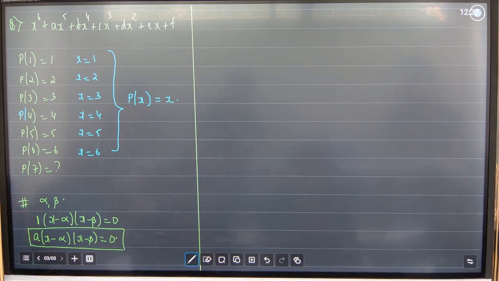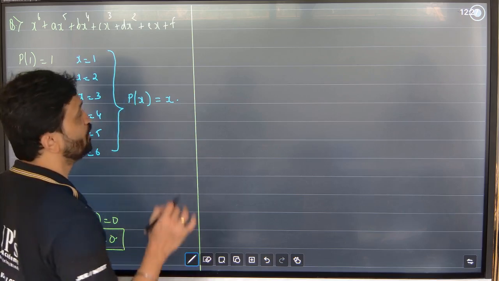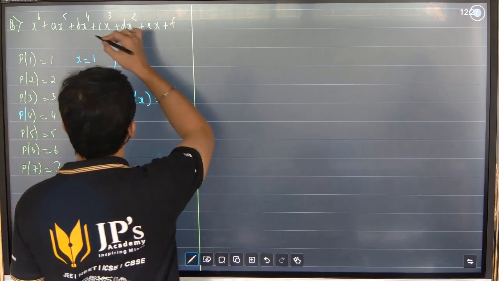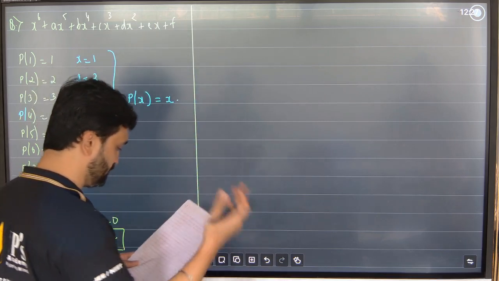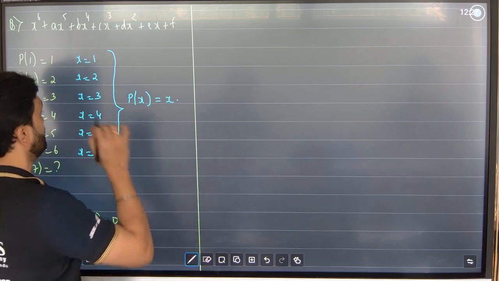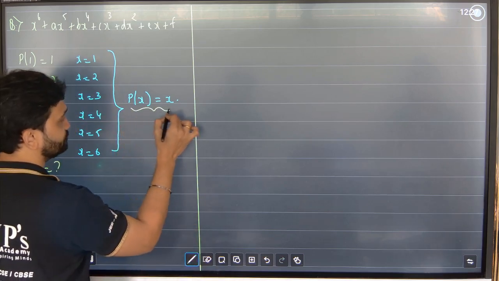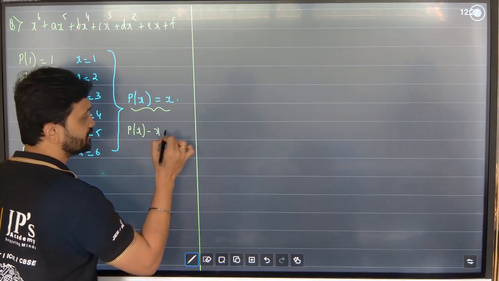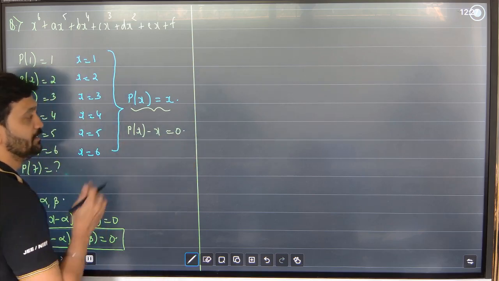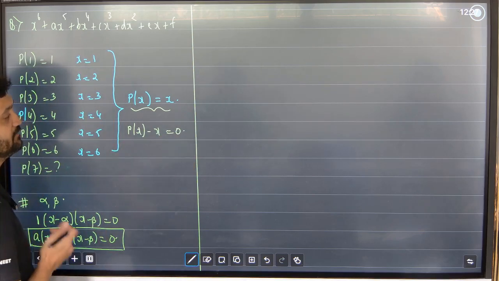But here we have 6 roots, and since there are 6 roots, what I am going to write is this entire equation, x raised to 6 plus ax raised to 5 plus bx raised to 4, whatever it is, I have got this relation. This relation is nothing but p of x minus x is equal to 0. This relation is given as p of x minus x is equal to 0.